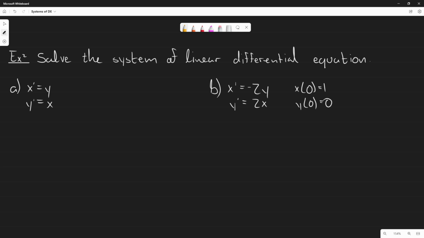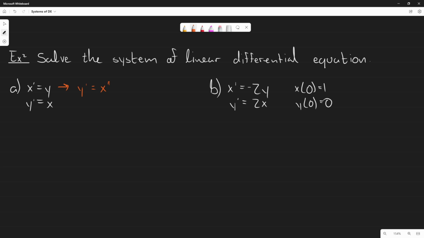So for the first example, I let it be a simple example. We know that x prime is equal to y, and y prime is equal to x. Because x prime is equal to y, that means y prime is actually equal to x double prime.